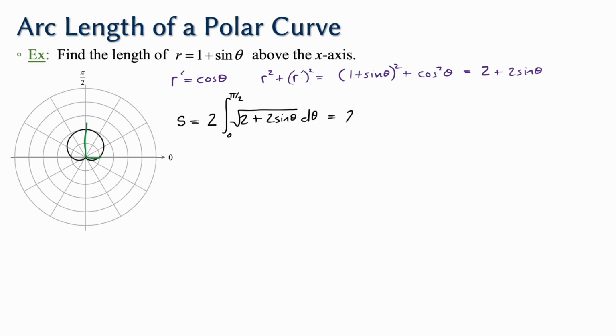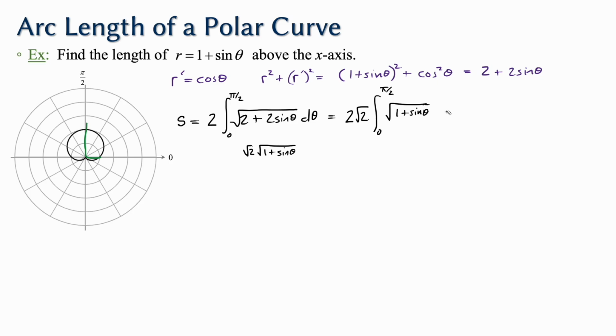So I have a 2 on the outside, and I break up my radical into the square root of 2 times the square root of 1 plus sine theta, which means I can put that constant out front. The reason this is helpful is that under my radical I now just have a 1 plus sine theta, which is a lot easier to work with algebraically. So I have to figure out a way to deal with this.